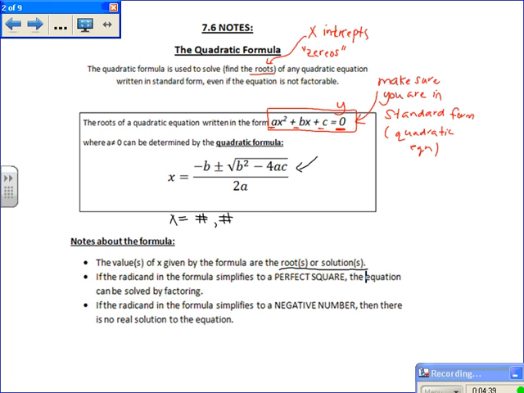A square root, or any root at all, is called a radical, and so this, the b squared minus 4ac, is going to simplify to a number, and that number inside is called the radicand. My spelling is not good today. The radicand. So whatever that number works out to be inside there, that's called the radicand.